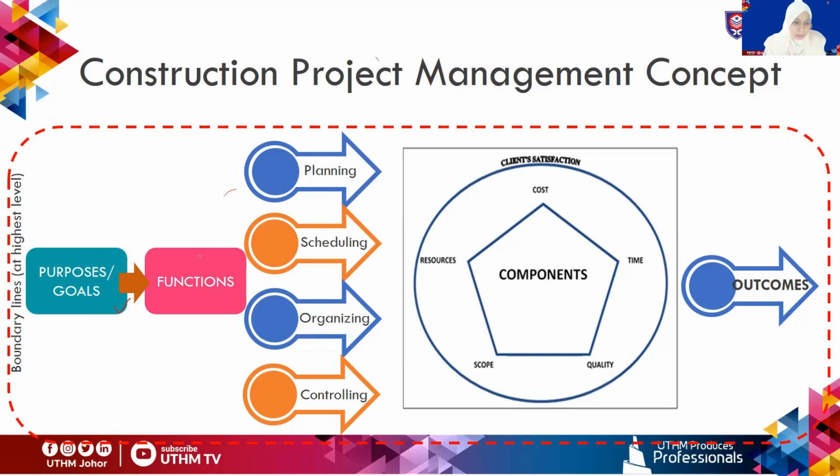And in project management, there are several basic management functions. Okay, some of them are planning, scheduling, organizing, controlling, and this is not limited to these functions only. These functions are dictated to fit the needs and lead the process step by step.